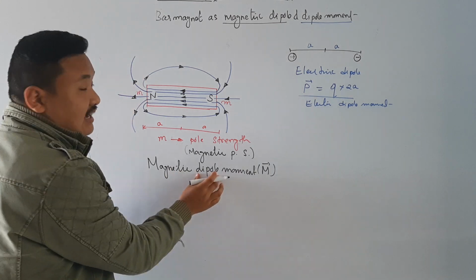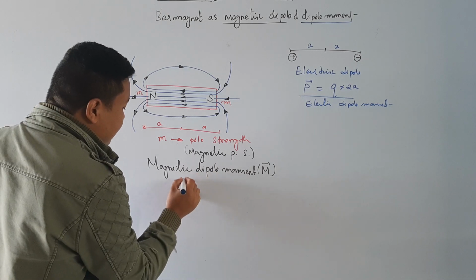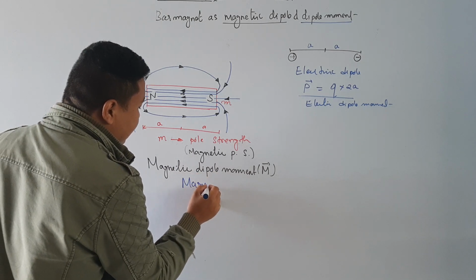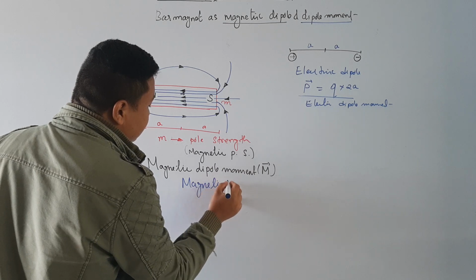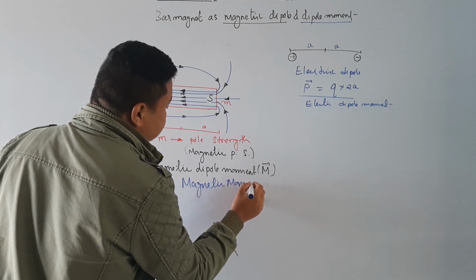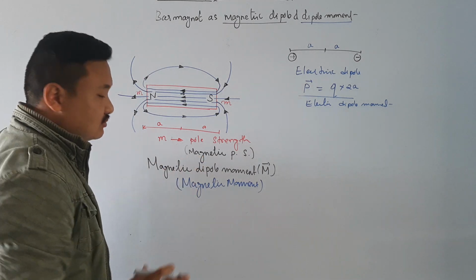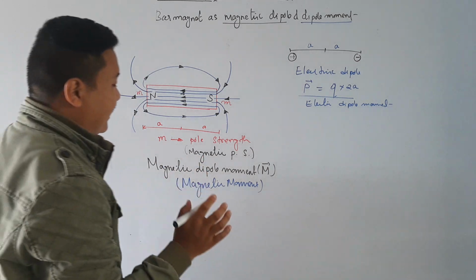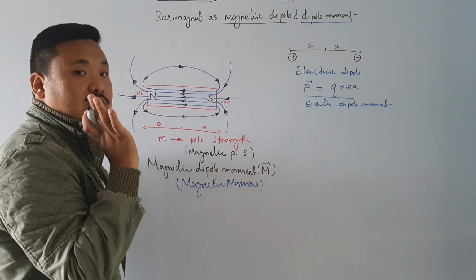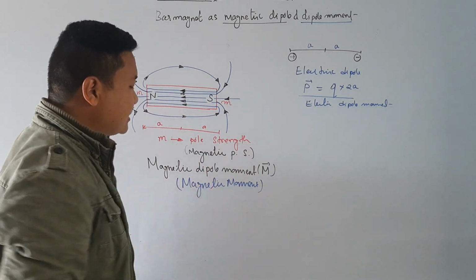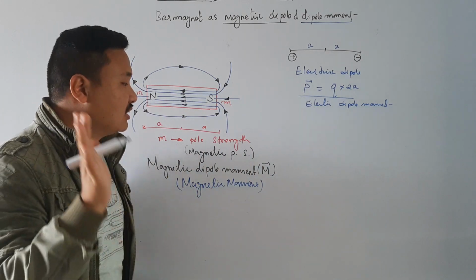We keep the word dipole silent and we just say magnetic moment. Both names are correct. You can call this magnetic moment, or you can call this magnetic dipole moment.